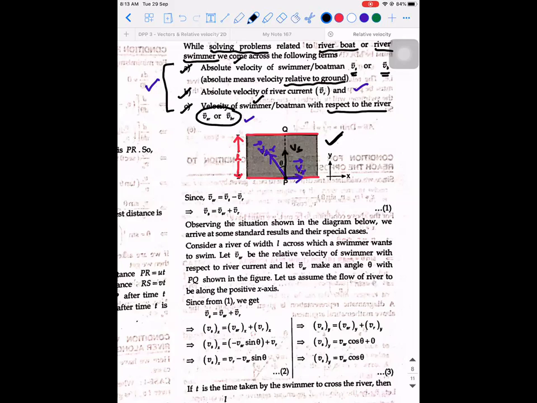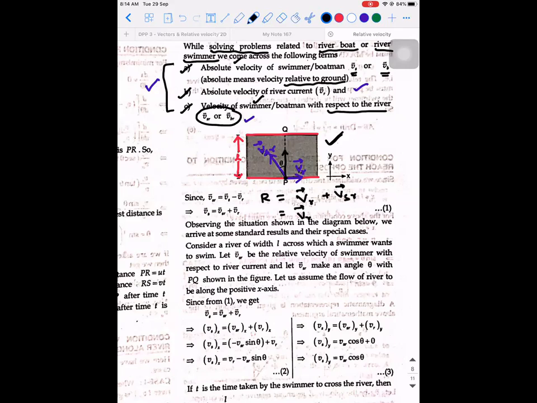maybe this is the velocity of swimmer. Because see, if I take the resultant, the diagonal as r, then r will be equal to VR vector plus VSR vector. Accepted? Because r vector is equal to a vector plus b vector. So what is VR vector?